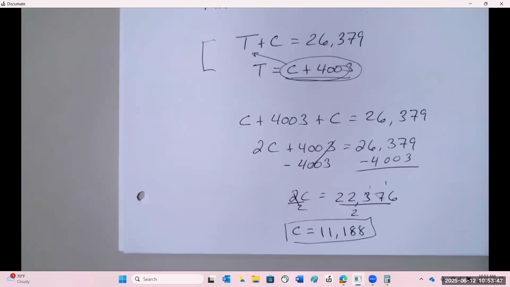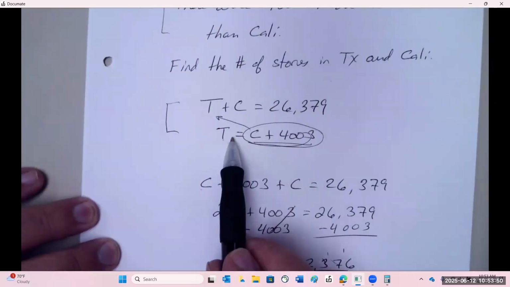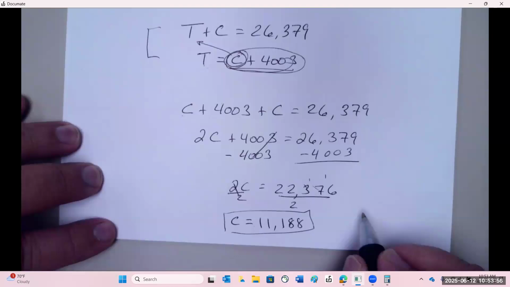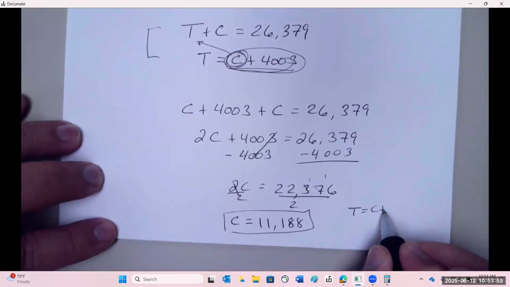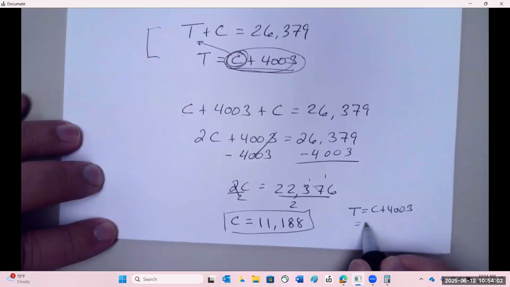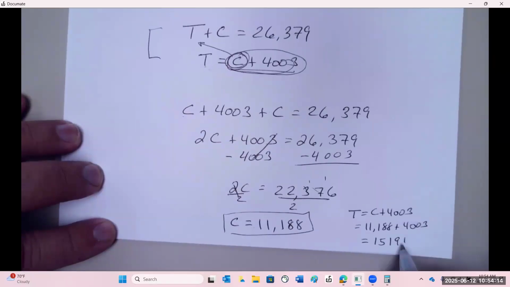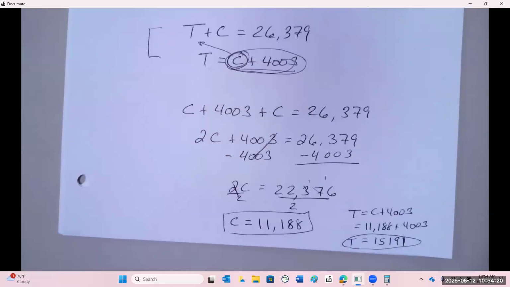Now, to find the number for Texas, we have that equation right there. All we need is the value for California, and we have that. So Texas is equal to California plus 4,003, which is 11,188 plus 4,003, which gives me 15,191. I take whatever I found for California and add 4,003 to it. That gives me the number of stores in Texas.